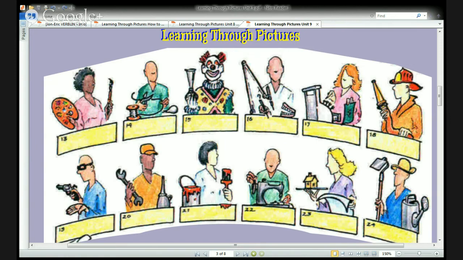To the right of the dentist. Good. To the right of the dentist, Yuki. Good. It's a woman. A woman to the left of the dentist. To the right of the dentist? To the right. To the right of the dentist is, I think, key puncher. A key puncher? I don't know what job that is.